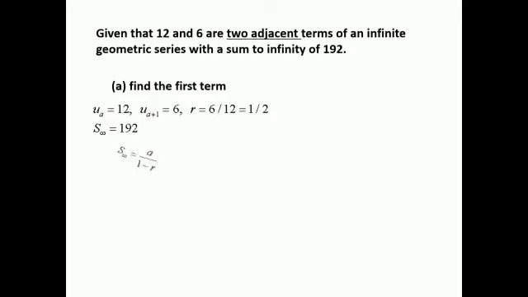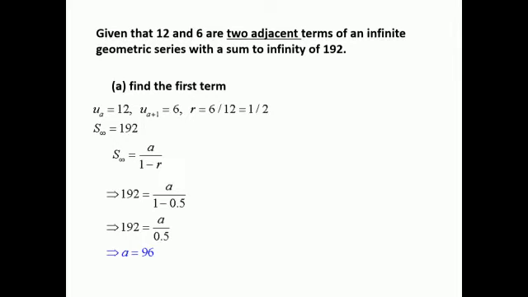Write the formula and give the values: 192 is equal to A by 1 minus 0.5. So 192 is equal to A by 0.5. Then multiply 192 by 0.5. 192 multiplied by 0.5 is equal to 96.